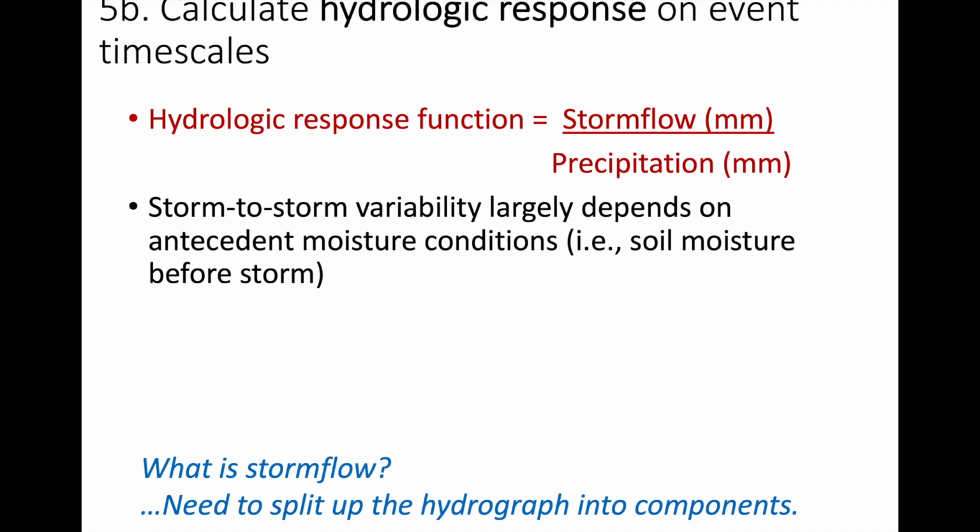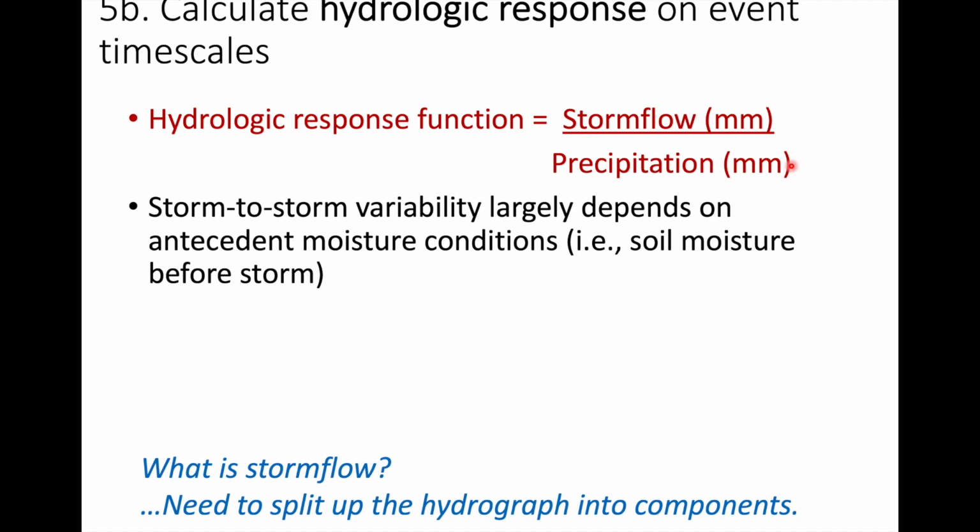Well, you can do the same thing on event timescales, except that this time we want to be able to separate out base flow. So we don't want that portion of the hydrograph that doesn't reflect the storm to be calculated into our hydrologic response when we're thinking about the response to an individual storm. So our hydrologic response function then is storm flow divided by precipitation.